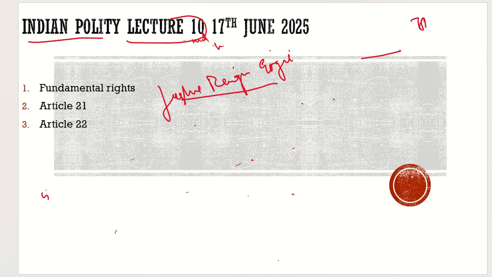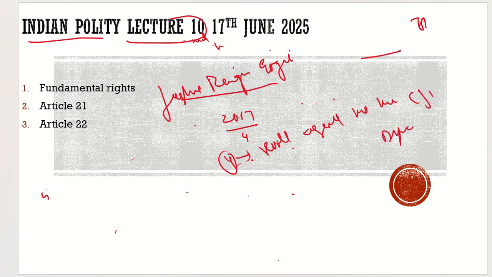In 2017, he was part of the collegium, and there were 4 judges in the collegium along with the CJI. So these 4 judges decided to revolt against the then CJI, which was Deepak Misra. Deepak Misra was the Chief Justice of India at that time, and these 4 judges decided to revolt against him. And what were the allegations against the Chief Justice?